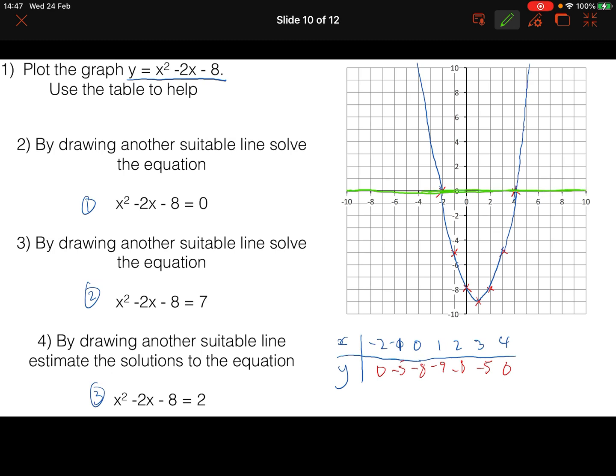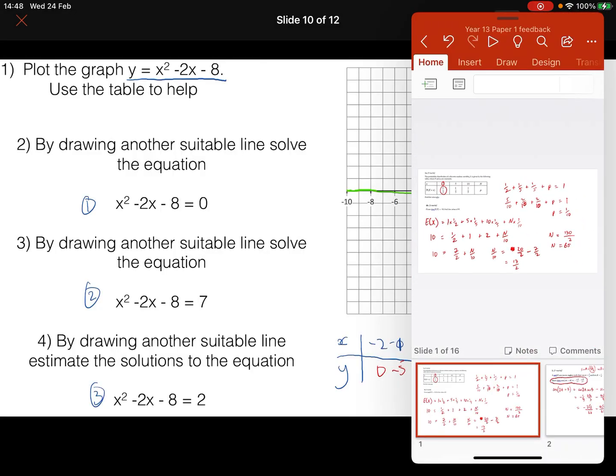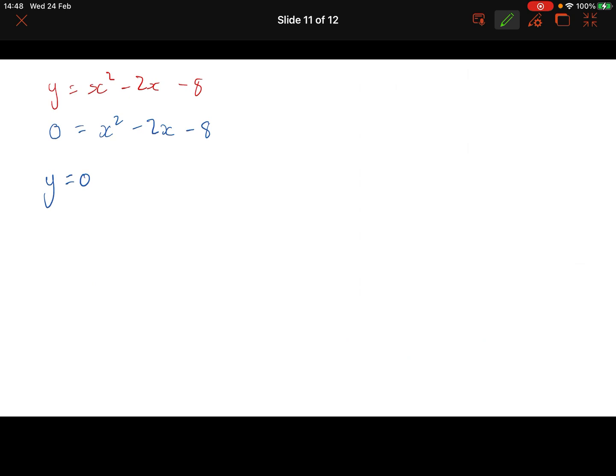So the solution to the equation I've got here, whoops, sorry about that, is where these two lines intersect. Because I'm saying when is y equal to 0 and when is y equal to x squared minus 2x minus 8. So it will be at the intersection of the graph y equals 0 and y equals x squared minus 2x minus 8. We're looking for that intersection.